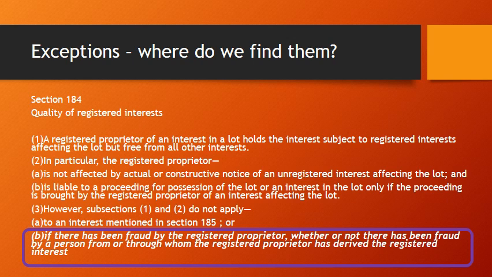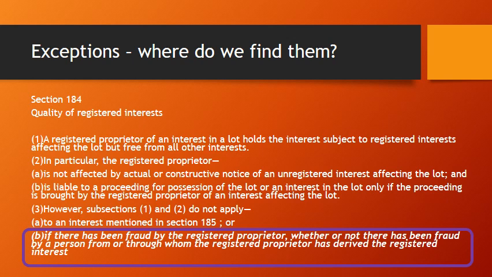And then the third section is carving out the exceptions to the general rule, that is to the benefits of indefeasibility set out in section 1. So they are, A, an interest mentioned in section 185, which we'll talk about in the next slide, or B, fraud.